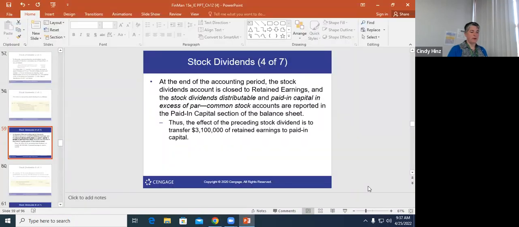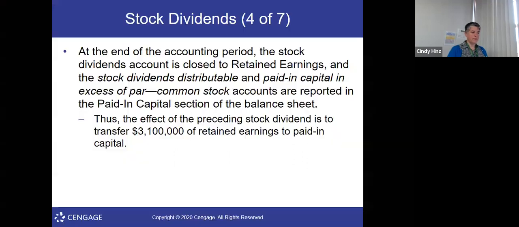Let me go back to our PowerPoint then. And so we just saw the use of that stock dividends distributable, and we house the par value in that account until the stock is actually distributed or issued. And at that point, we move it into the common stock account.